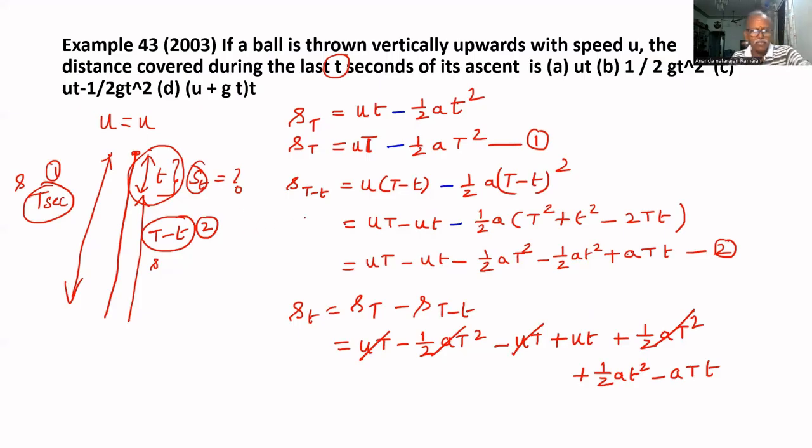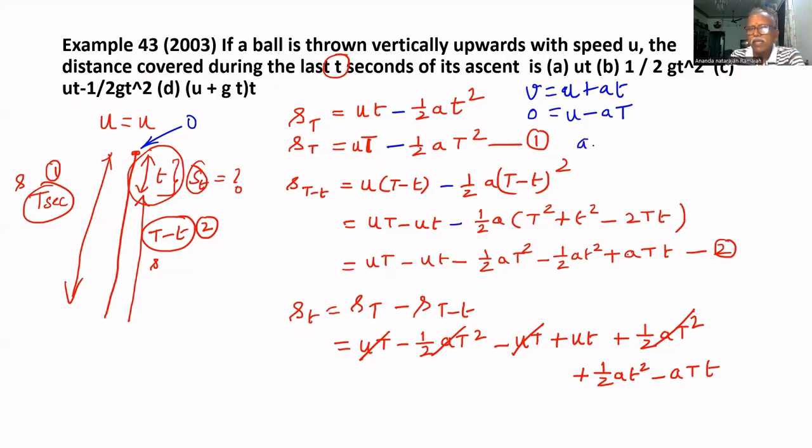For that, let us use one formula because a is there. A has to be removed. For that, let us use v equal to u plus a t. Final velocity at this point is 0. Therefore, 0 equal to u minus a t, because for the complete journey we are taking t equal to t.